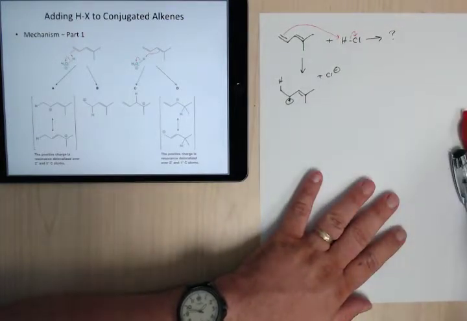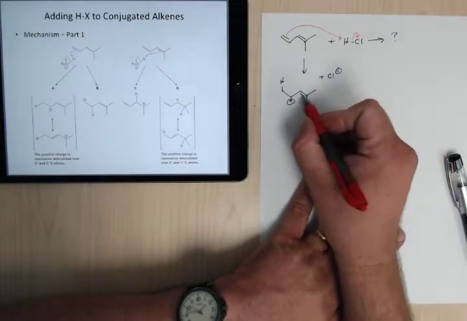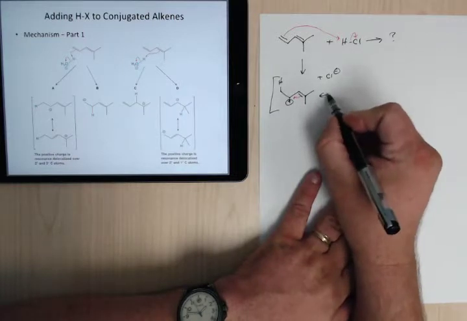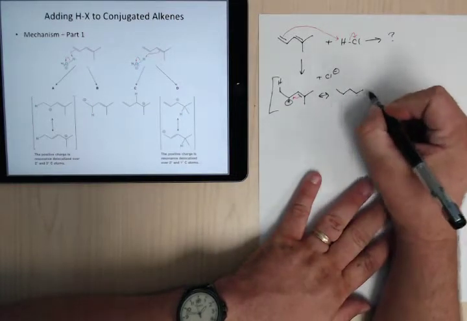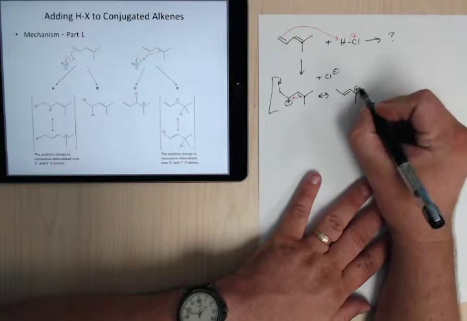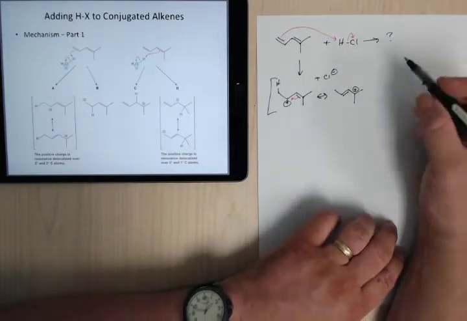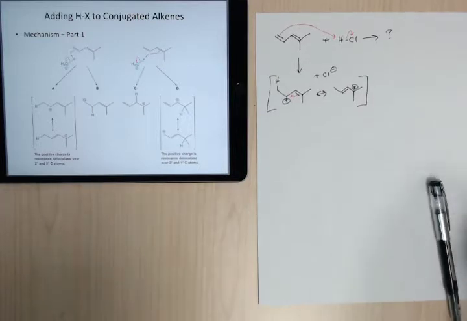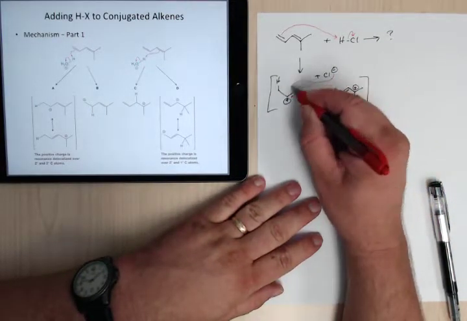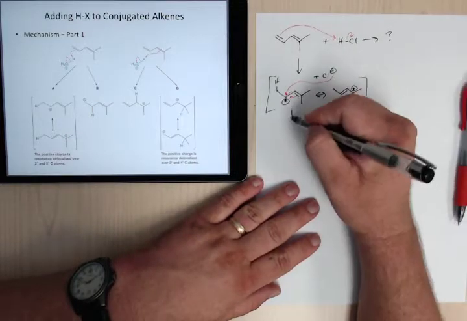Now, we can do a resonance structure where that comes over there, and then the positive charge is there. If the chloride sees this resonance structure, it'll attack there to make this.